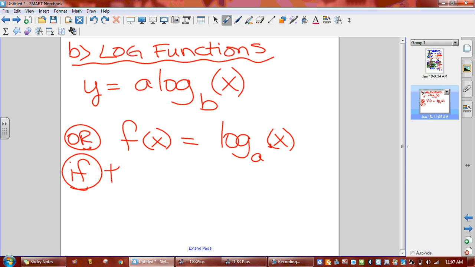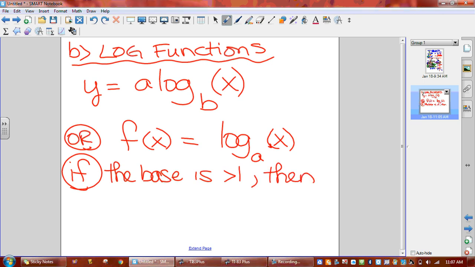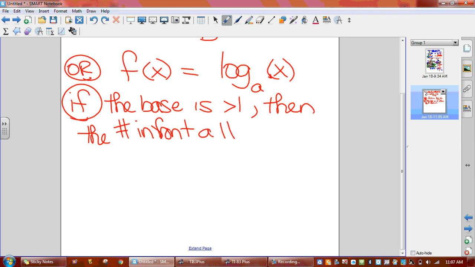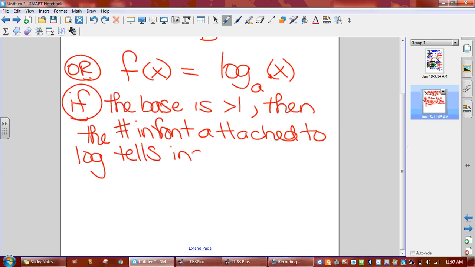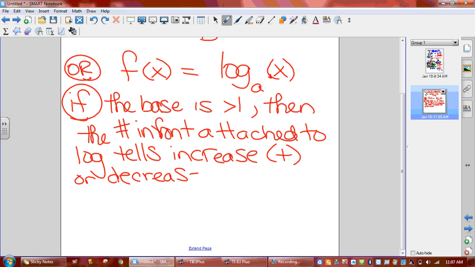If the base is greater than 1, then the number in front attached to the word log tells us increase if it's a positive number, or decrease if it's a negative number. I'm going to show you an example of that.